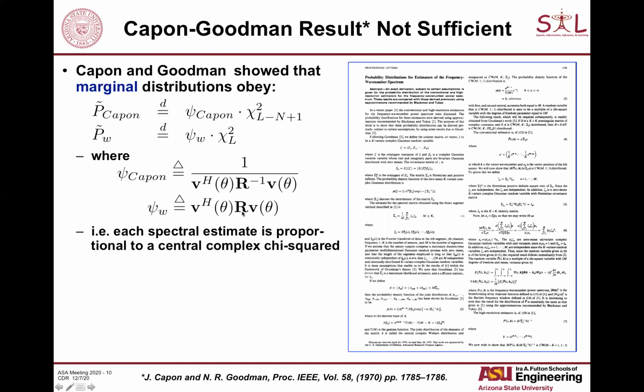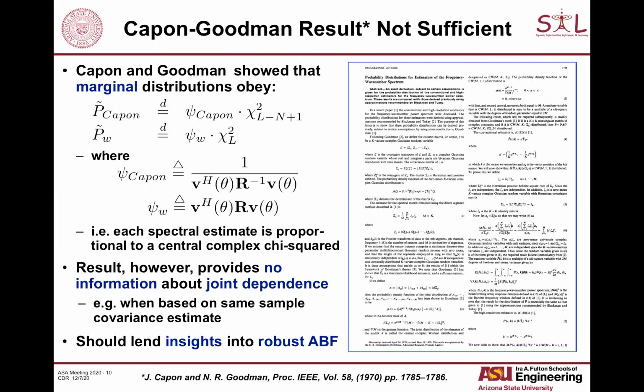This is interesting, but it doesn't help us in our quest here, because they only provide the marginal distributions and tell us nothing about what the joint distributions would be if they were based, for example, on the same sample covariance estimate. We want that to gain some insights into robust adaptive beamforming.